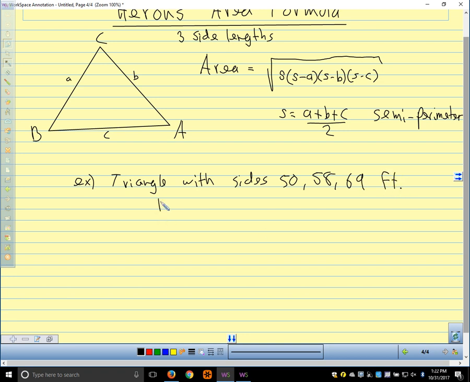We want the area. So my semi-perimeter is 50 plus 58 plus 69 divided by 2, which is 88.5.